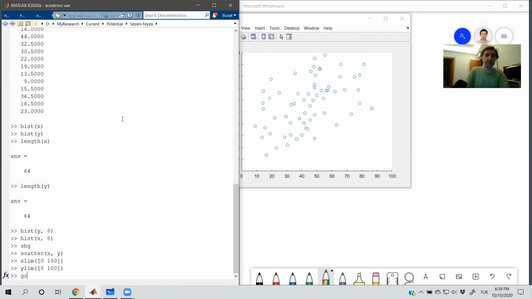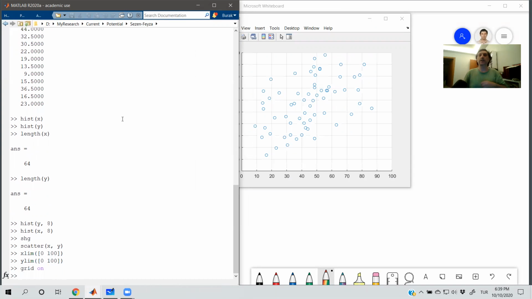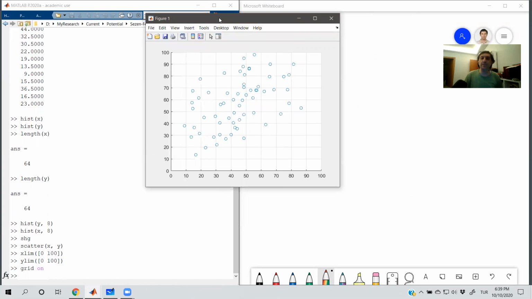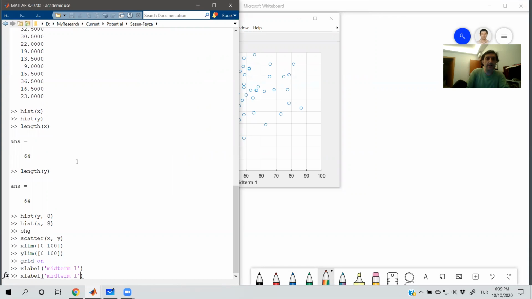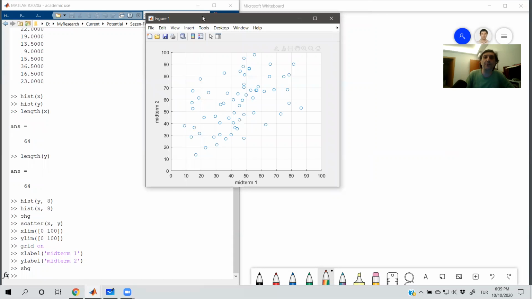Let's put some grids on. As we can see, there seems to be a correlation between those two. The X label is midterm 1, and the Y label is midterm 2. And that's going to be a good comparison of descriptive statistics and inferential statistics.